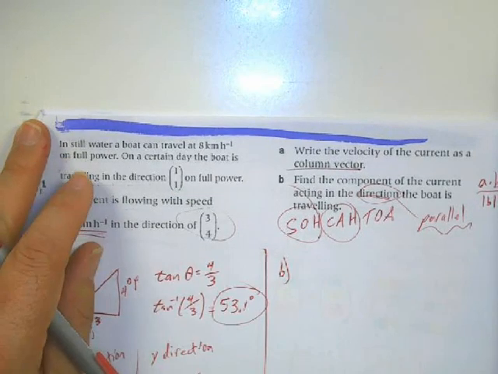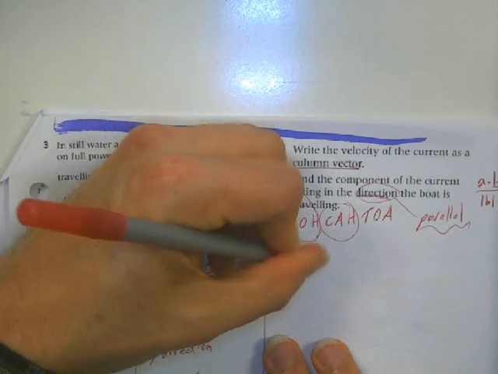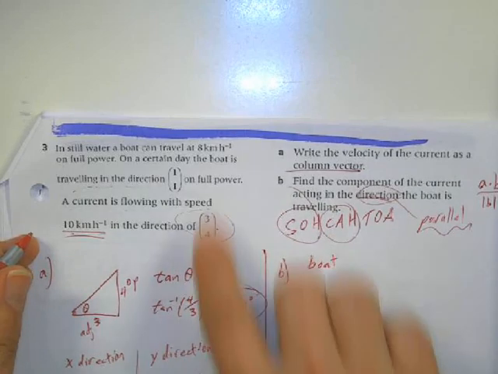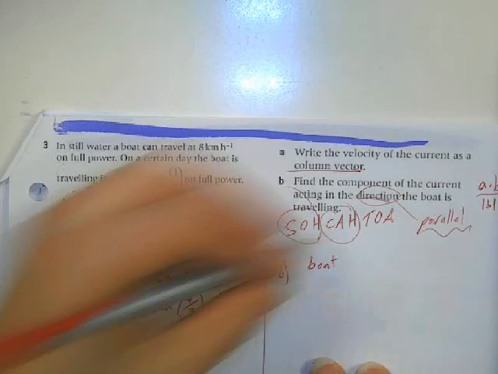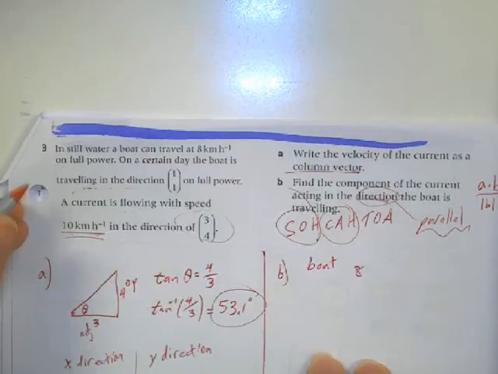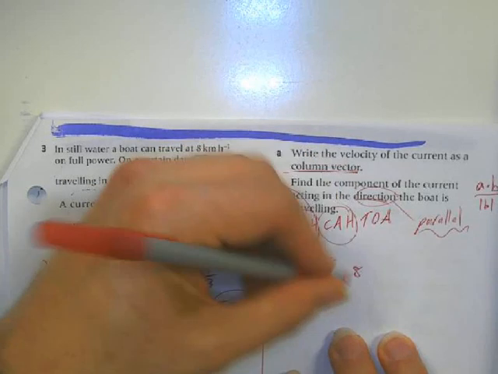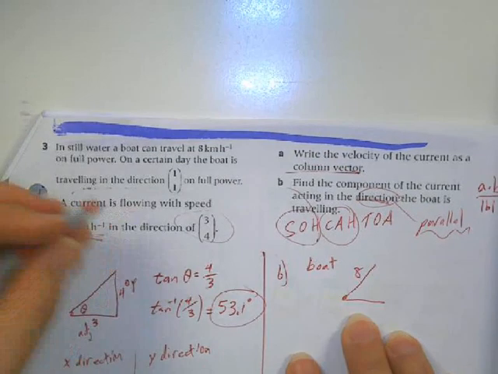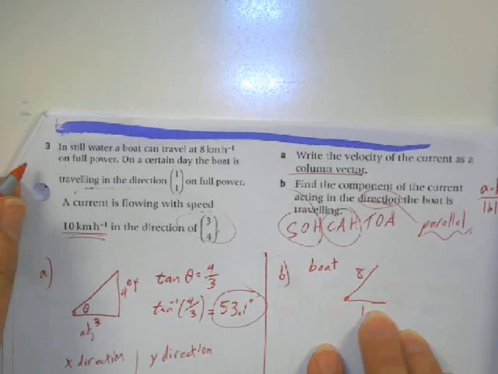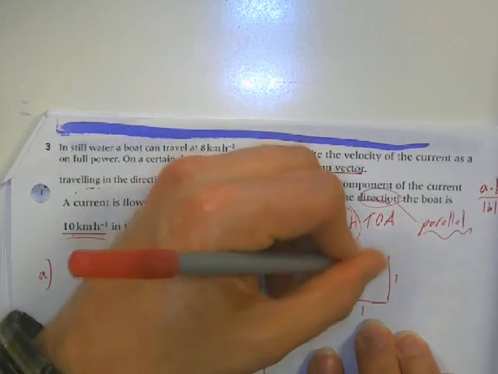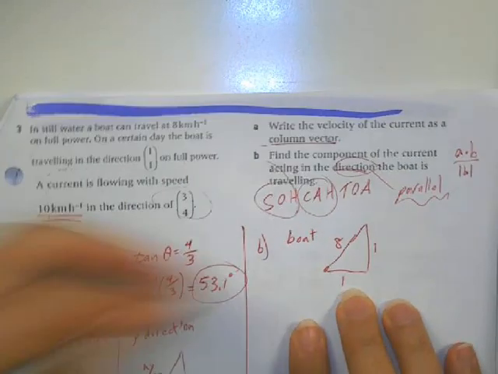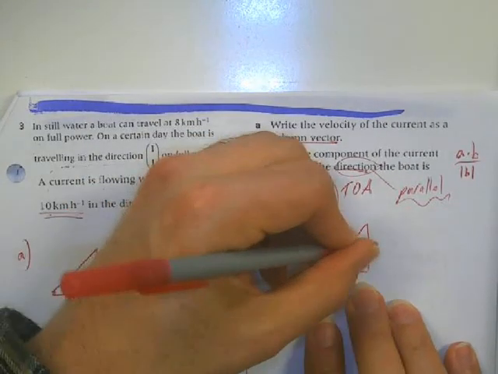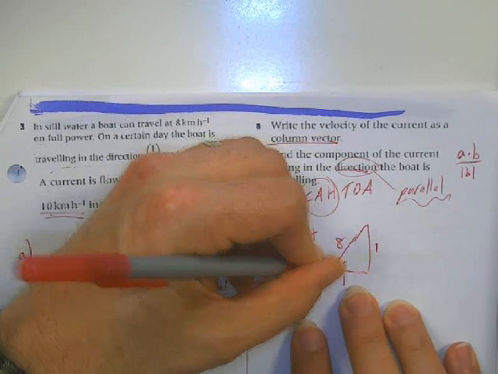So for the boat, we know the boat is going 8 kilometers, and it's going to the right 1, and it goes up 1. So we know if it's a triangle like this, it's going to be 45 degrees, right?